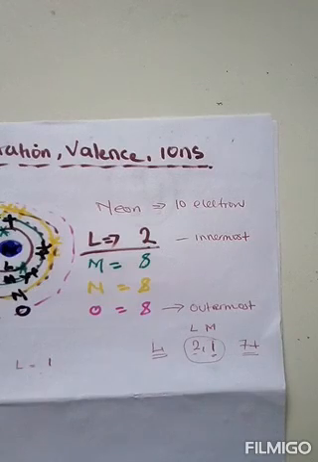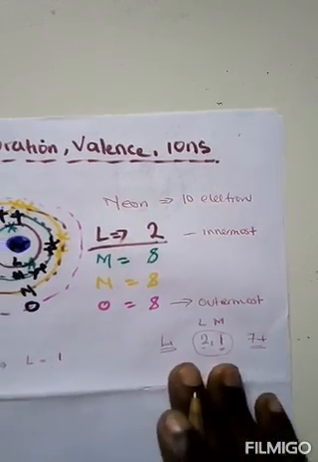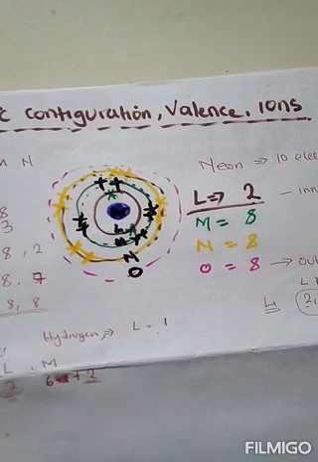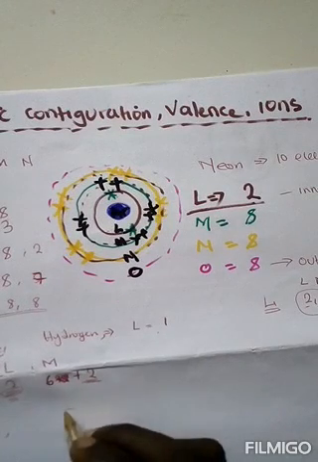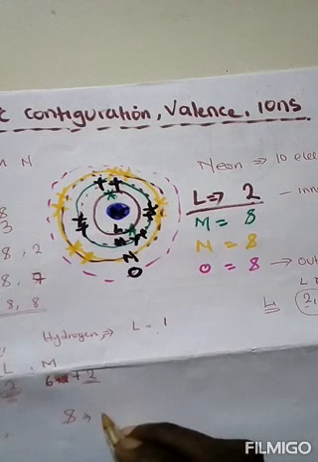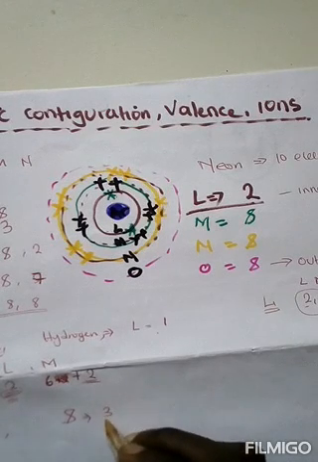So what happens for elements where the last shell needs a capacity of 8 electrons? An element can only lose up to 3 electrons.